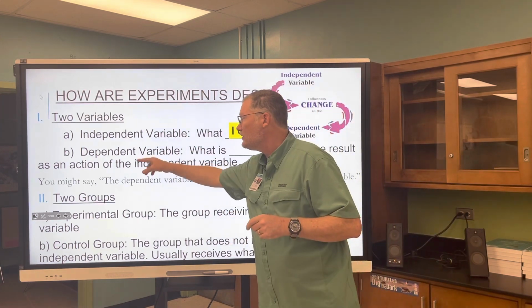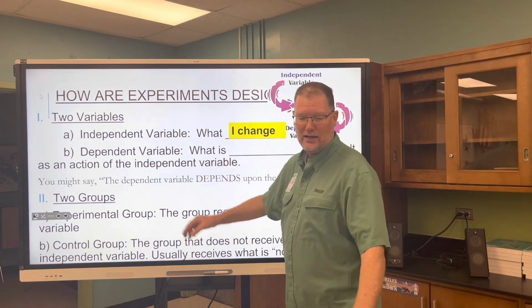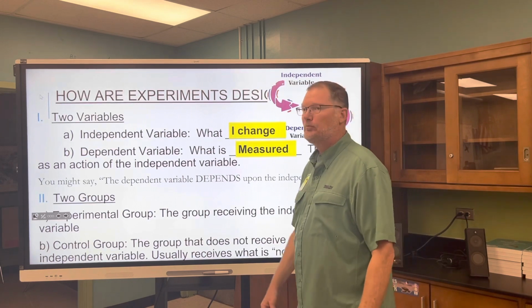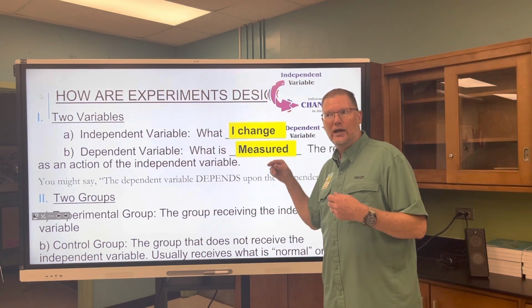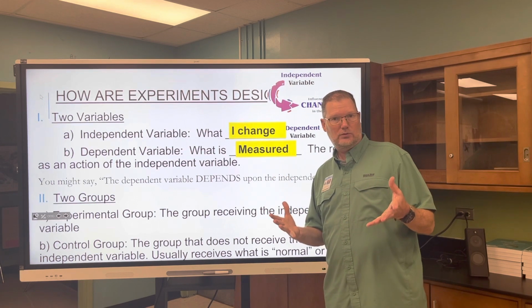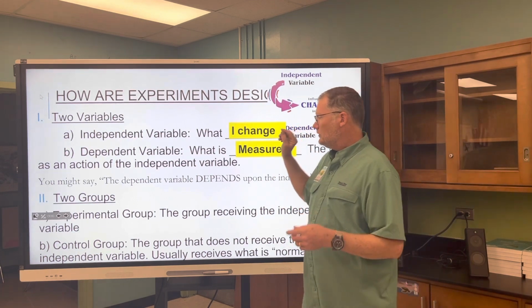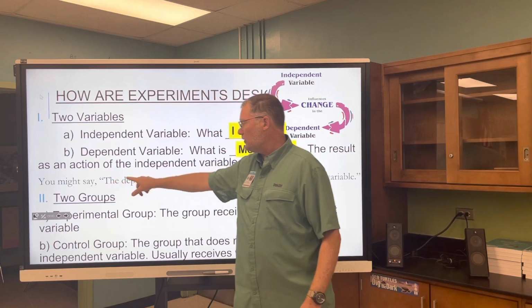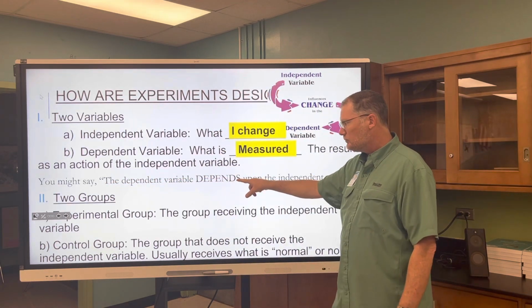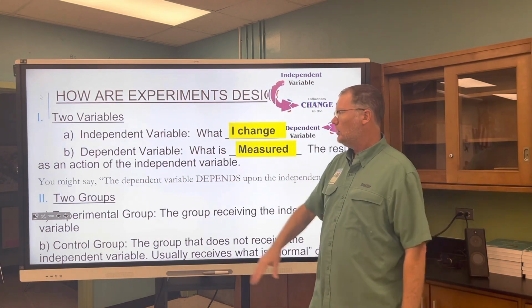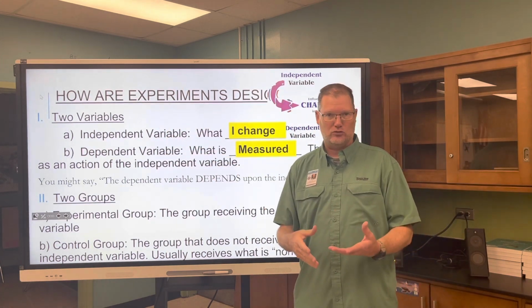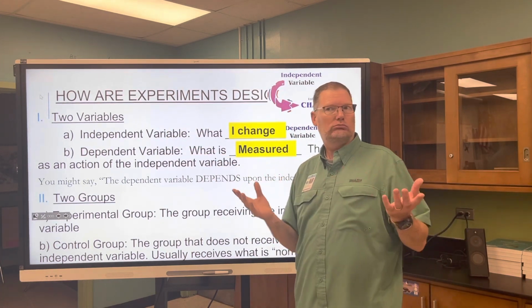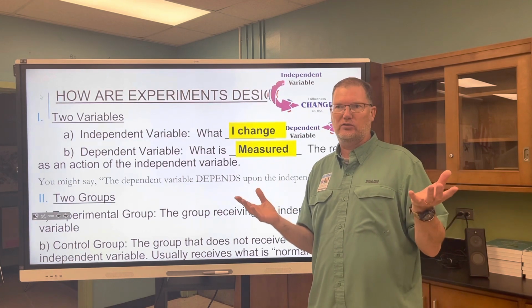And the dependent variable, you can say, depends upon the independent variable. It's the thing that I measure, like plant growth. And this is a very important thing: the dependent variable depends upon the independent variable. What I change will change the dependent variable when I measure it. Or it won't, because your hypothesis was wrong, okay?